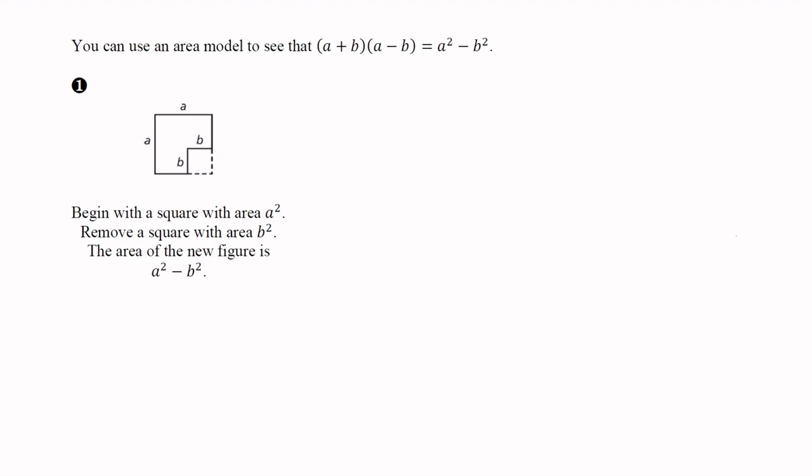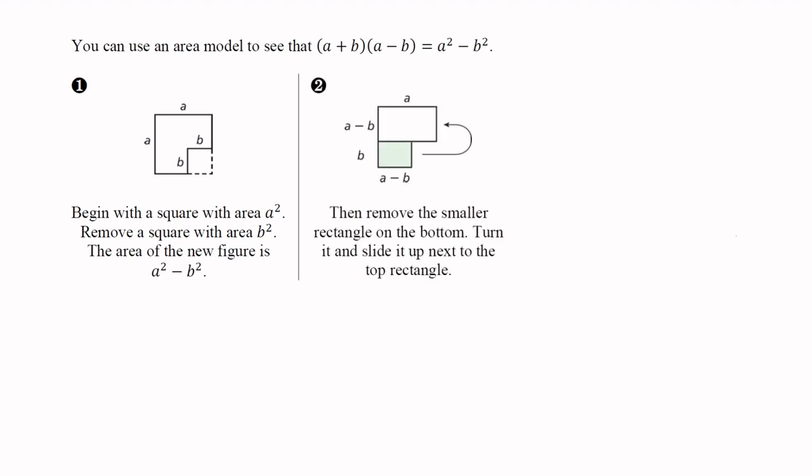Now if we take the part that is left, we remove that b square area, and we divide it into two rectangles, you'll notice that we have on the left-hand side a portion that is length b and a portion that is length a minus b. On the top and bottom end, we have a length of a and a length of a minus b.